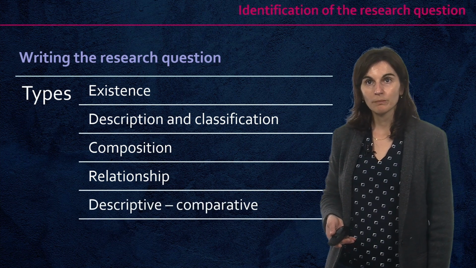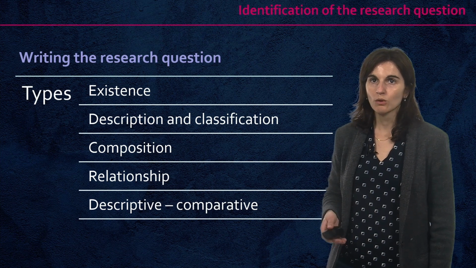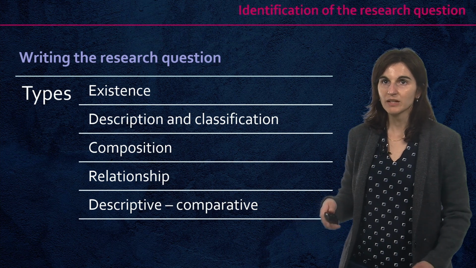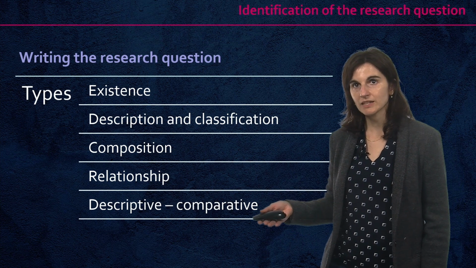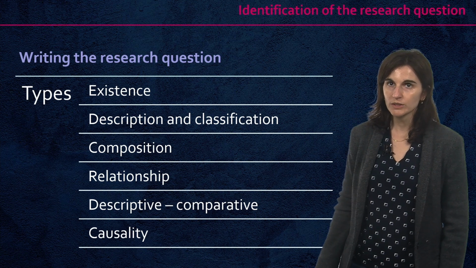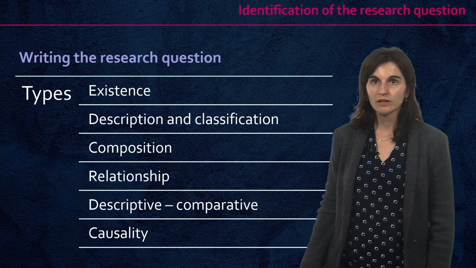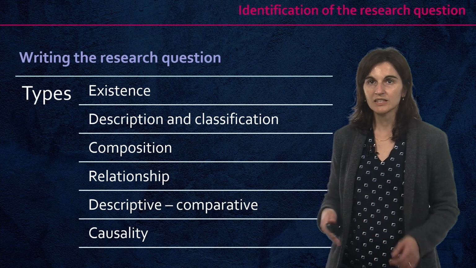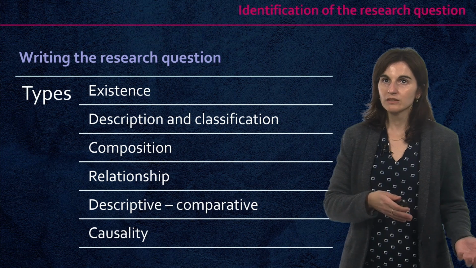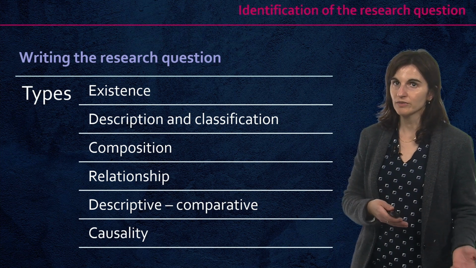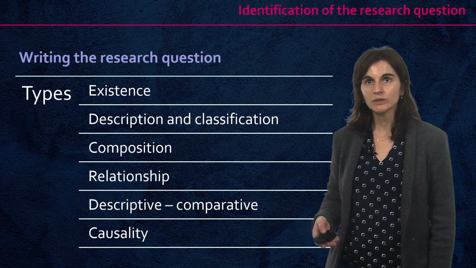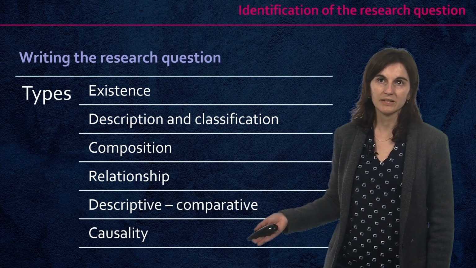We can also compare different groups of students, different types of schools, or different variables contained in the same dataset. And finally, we will also be interested in causal relations. That means a series of predictors have a potential influence on the outcome variable. So for instance, we could analyze which are the predictors of academic success.